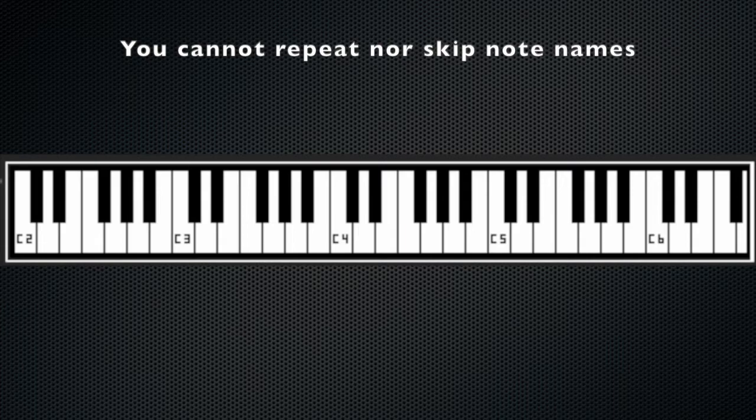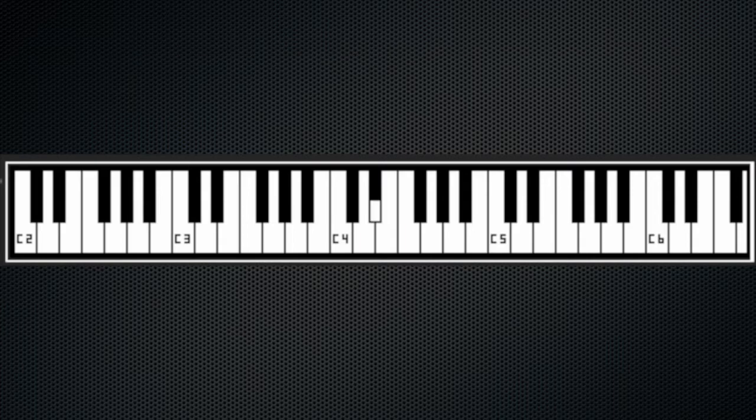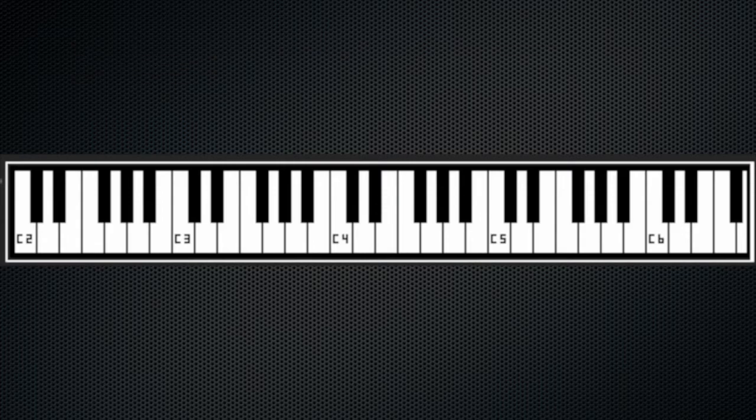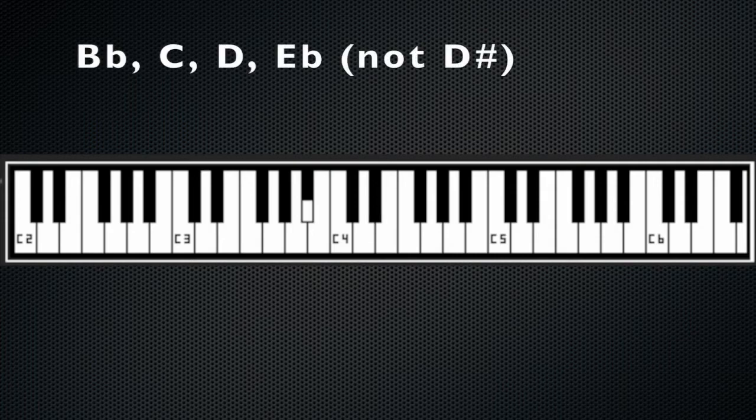So if I am using a D, I cannot call this D sharp because I'm already using a D note. So this must be an E note. What kind of E note? Well, an E flat, because this is E natural, E flat. So the tetrachord will be B flat, C, D, E flat.